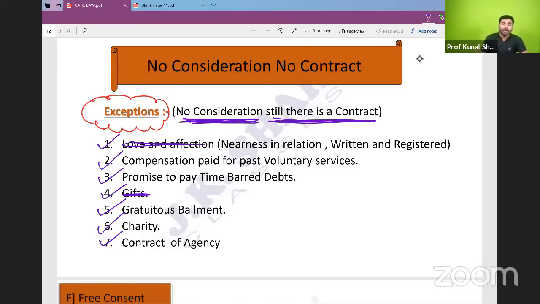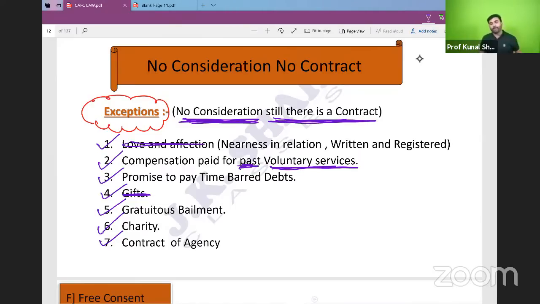So if in practical life you have given voluntary services, those services were given by you in the past, and the person to whom you gave those services had given a promise to compensate you.